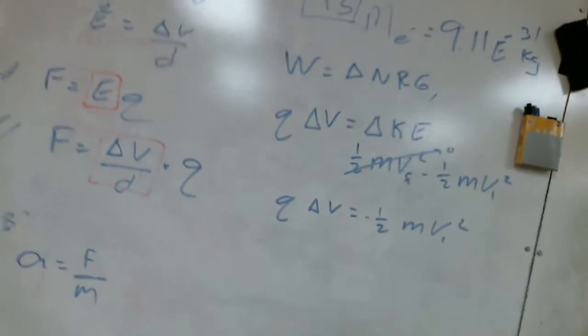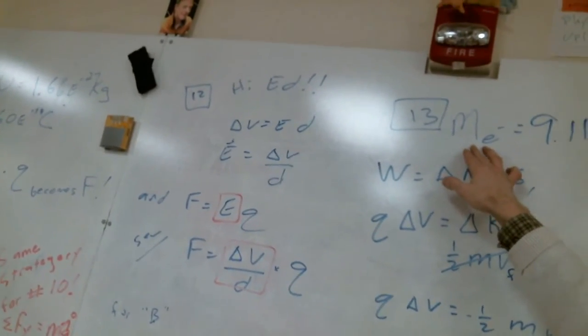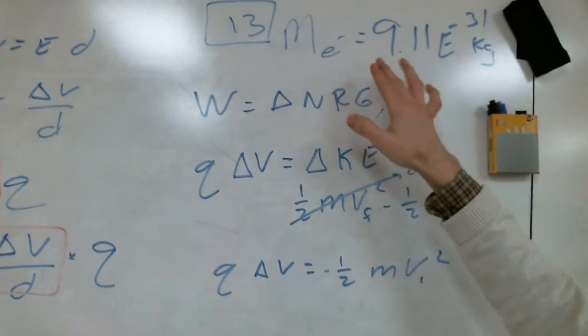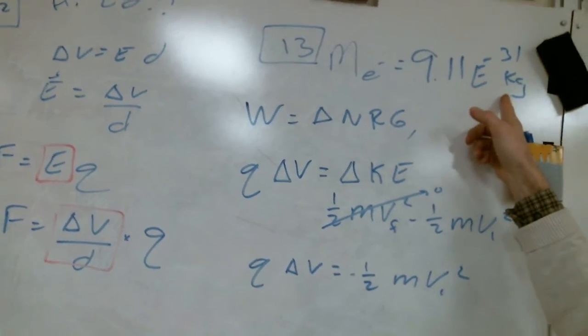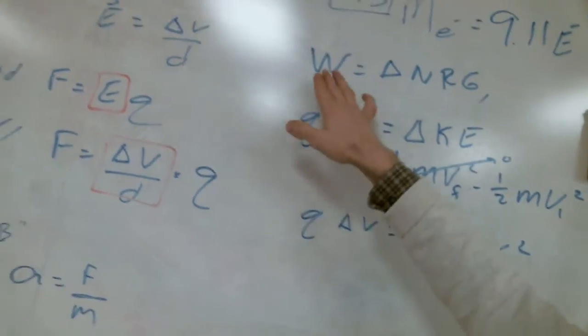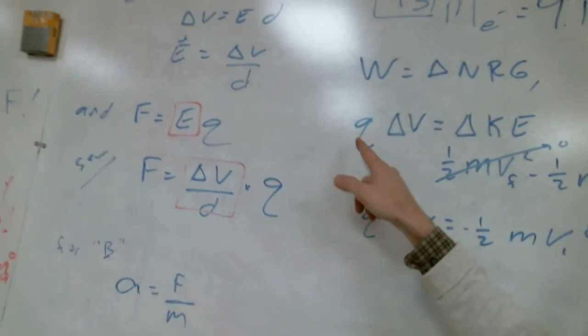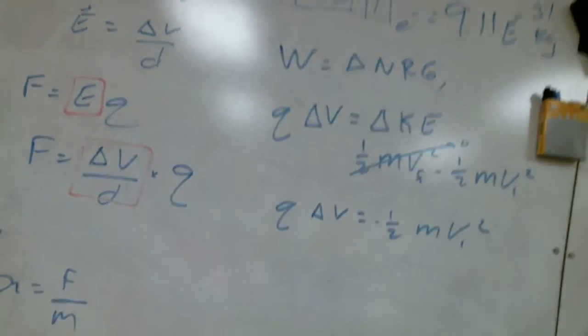All right, for 13, you had to look up another number, the mass of an electron. Again, it's not something you need to know, but if you need to obtain it, you can just look it up. It's 9.11 times 10 to the negative 31st kg, not a lot. Remember, work is a change in energy, right? So work, which is q delta V, is in this case a change in kinetic energy.